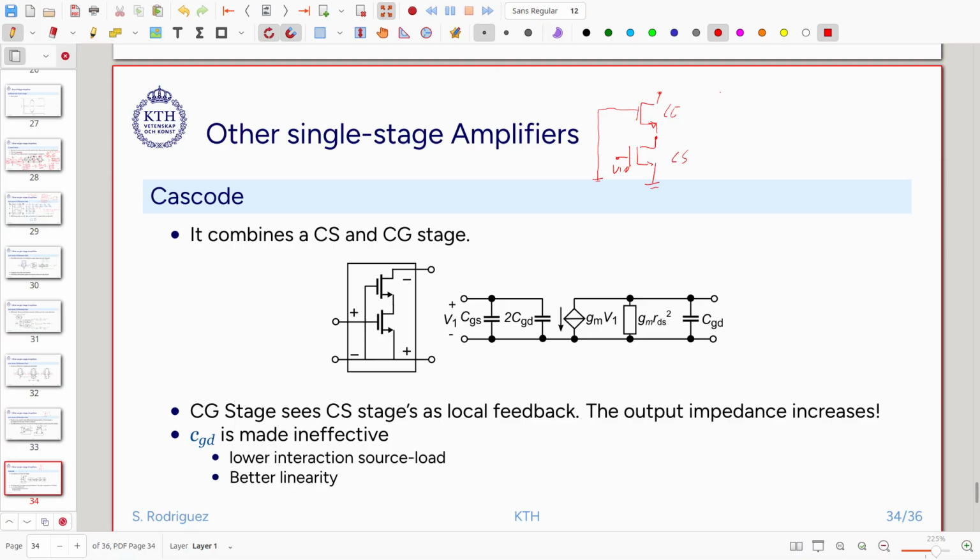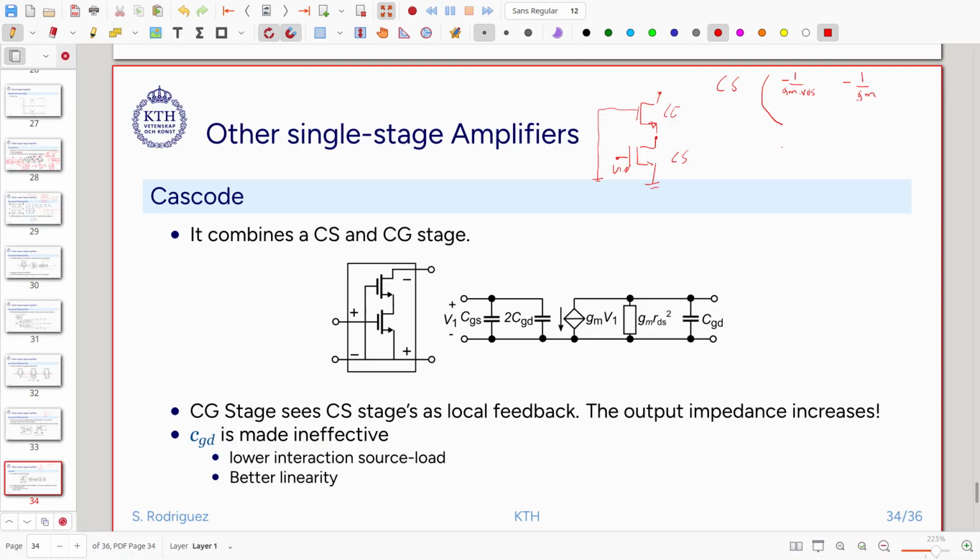For the common source stage, the ABCD parameters were approximately minus 1 divided by gm rds, and the B parameter was minus 1 over gm.